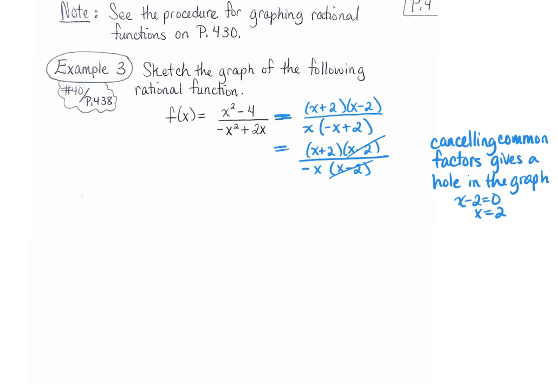So there will be a hole at x equals 2, with whatever the corresponding y is. This function simplifies to x plus 2 over negative x. And that's the first thing that we do.